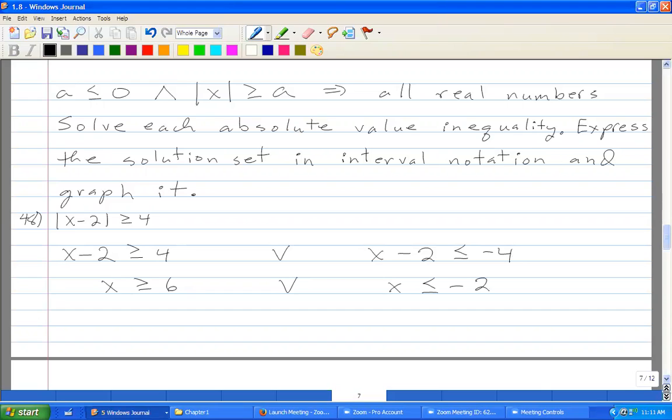So this is going to be the union of two closed intervals. The closed interval from -infinity to -2, along with the closed interval from 6 to infinity. And let me graph this for you.